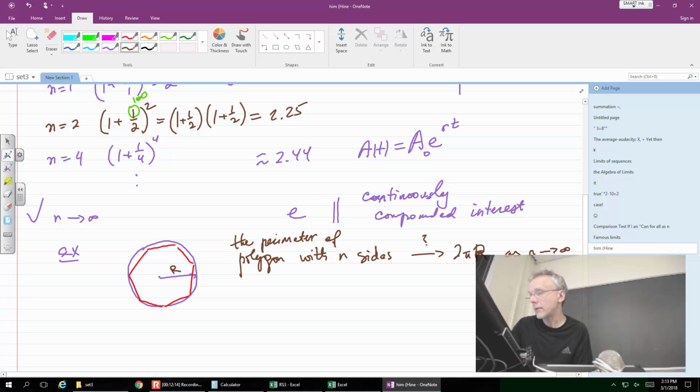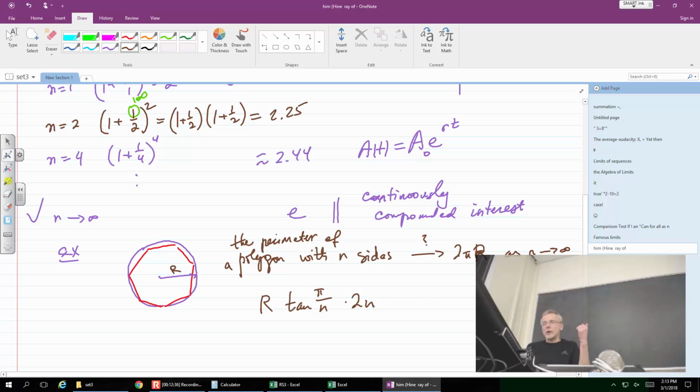The perimeter of a polygon with n sides is supposed to converge as a sequence to 2 pi r. The way it works out is really uncomplicated. It turns out to be r tangent of pi over n times 2n.